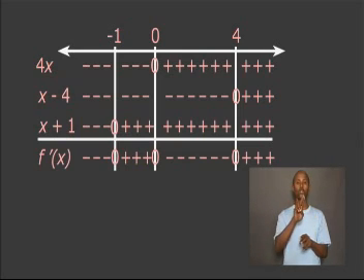Using our sign chart as a guide, we can see that f prime of x is less than or equal to 0 on the half-open interval (-infinity, -1] and the closed interval [0, 4]. f prime of x equals 0 only at x equals -1, 0, and 4.